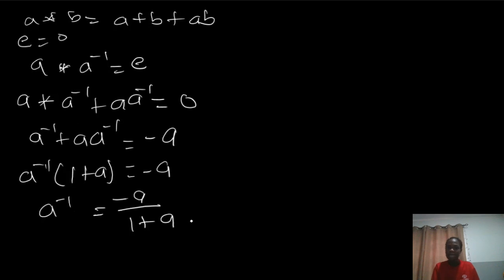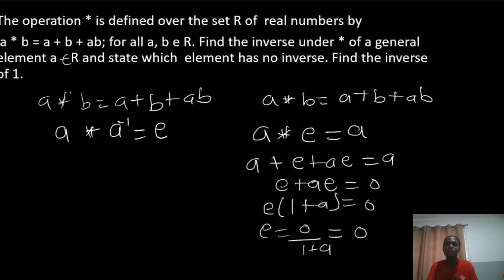Then we factorize a inverse out, and we get a inverse times 1 plus a, which is equal to negative a. So our a inverse is negative a all over 1 plus a. So that's the first part of the question. We were asked to find the inverse under the operation star of a general element a, and that's what we found.